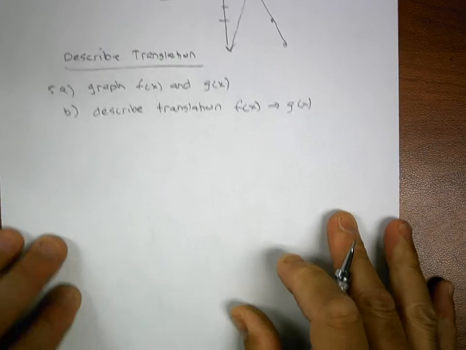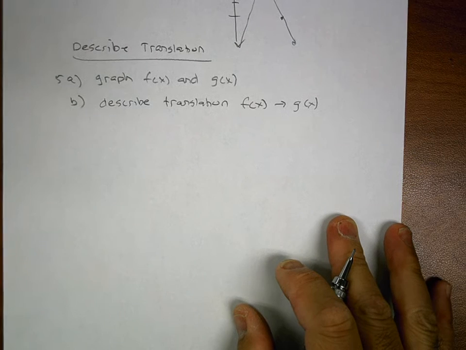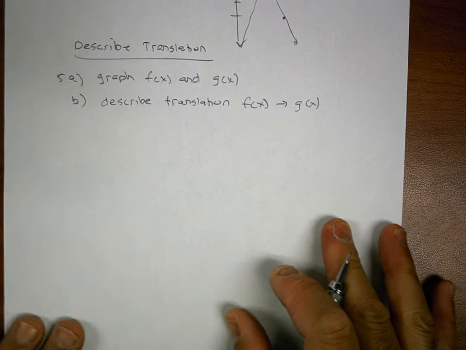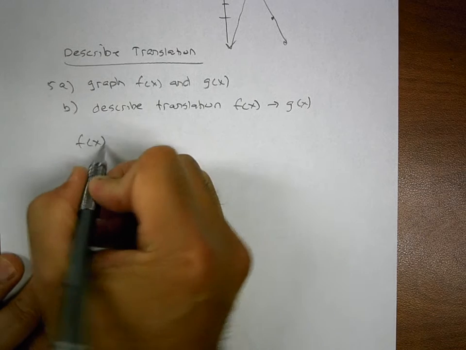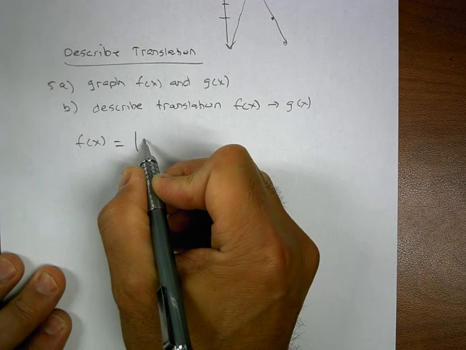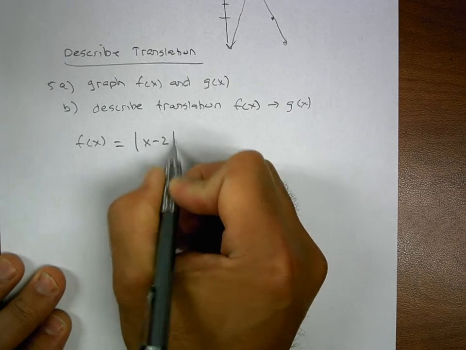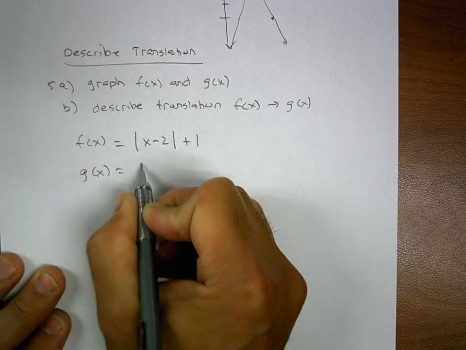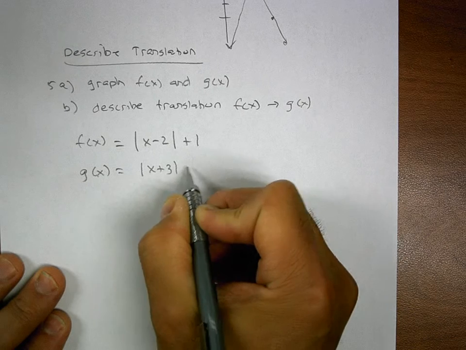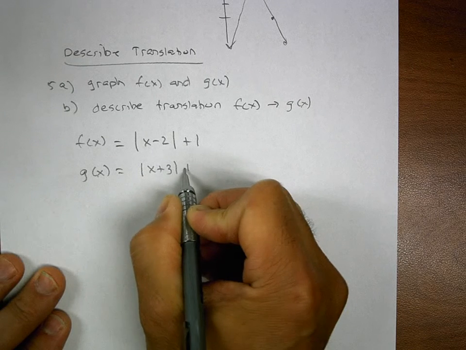It's easy, you just need to see it done once so you know what to do on the homework. So let me give you both. I'll let you get caught up here. f of x equals the absolute value of x minus 2, plus 1. g of x equals the absolute value of x plus 3, plus 3.